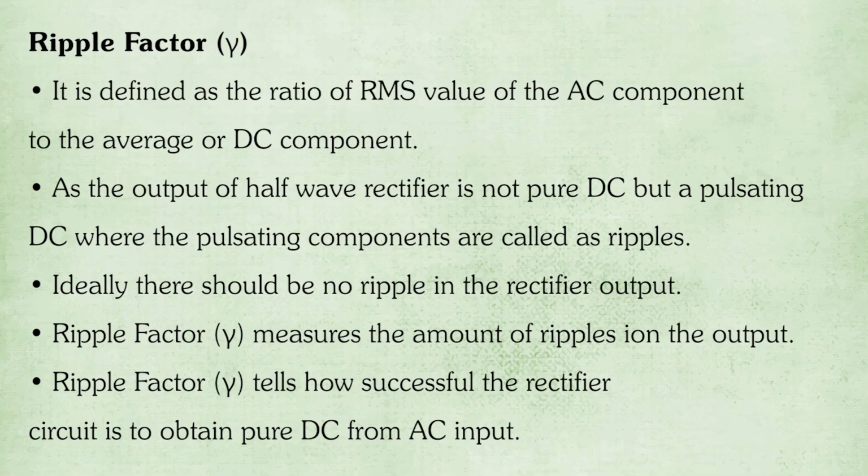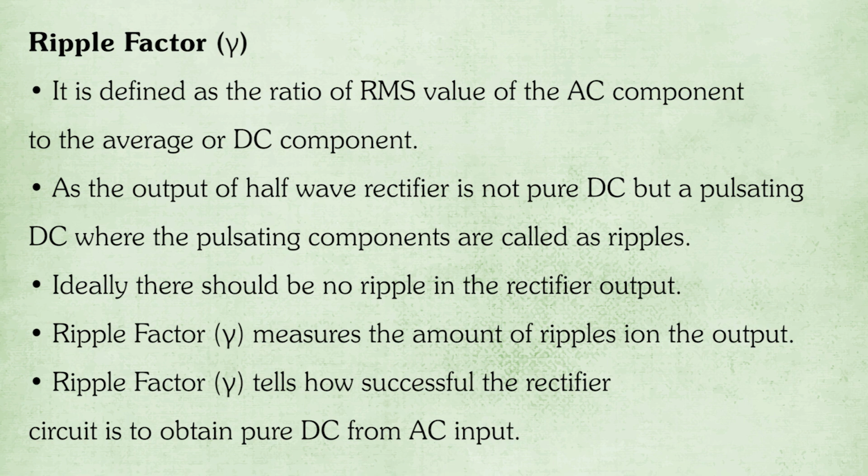Ideally there should be no ripple in the rectifier output. If we talk about the ideal rectifier, it should give a pure DC at the output, that means a straight line, but as we have seen in the waveform, the output obtained is in the form of a half sinusoidal wave, that means it contains ripples.